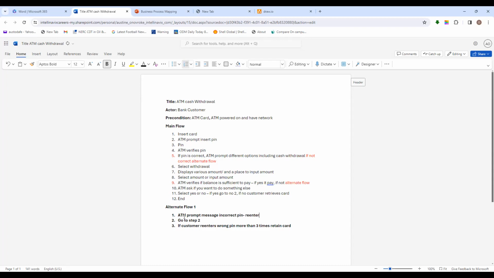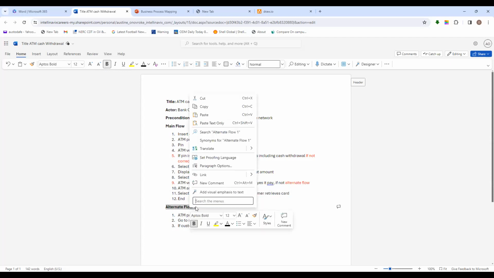Re-enter, and you now go to step 2. Then if you do it more than this, it retains the card. Is that clear? Everybody confirm, is that clear? Yes, sir. All right, thanks.